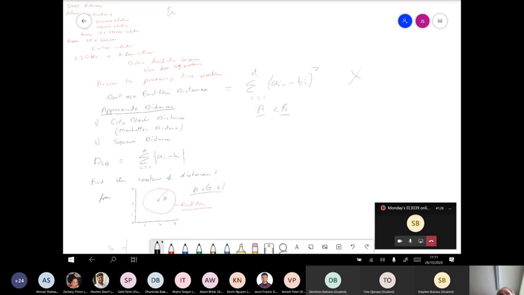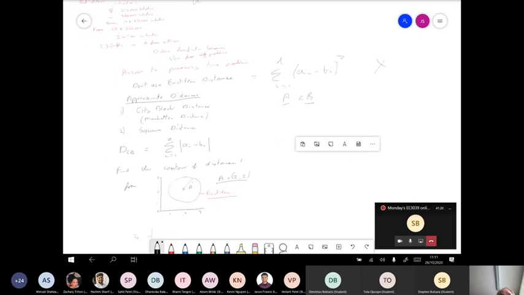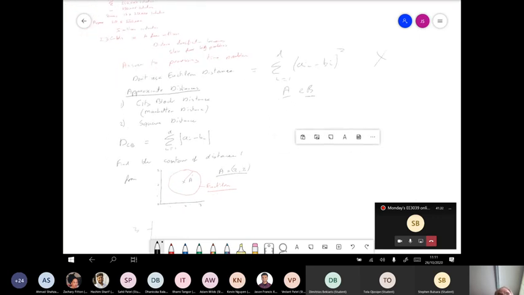So, to overcome this and speed up the process, two approximate distances have been identified which are faster. The first one is the city block distance, which is sometimes, certainly in America, called the Manhattan distance. And the second approximate distance is the square distance.